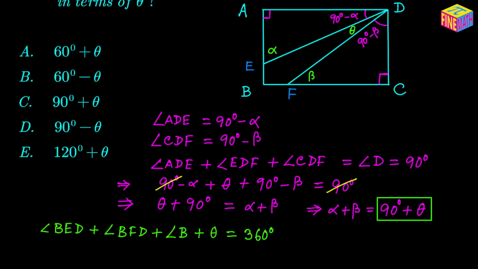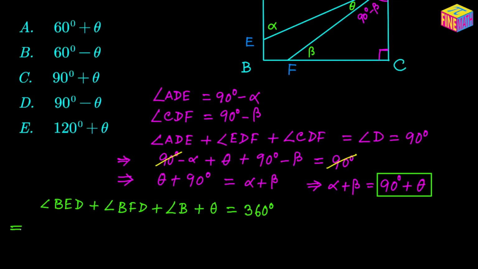So if we substitute the values, we get 180 degrees minus alpha plus 180 degrees minus beta plus 90 degrees, angle B obviously being 90 degrees because it's one of the angles of the rectangle, plus theta is equal to 360 degrees.